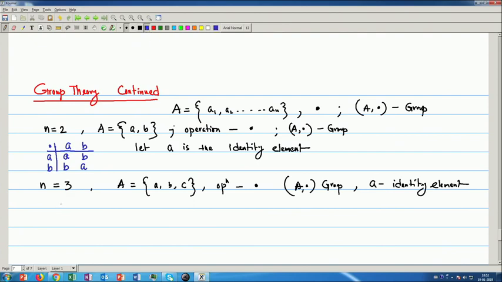Then I have 3 elements, I write dot, A, B, C.